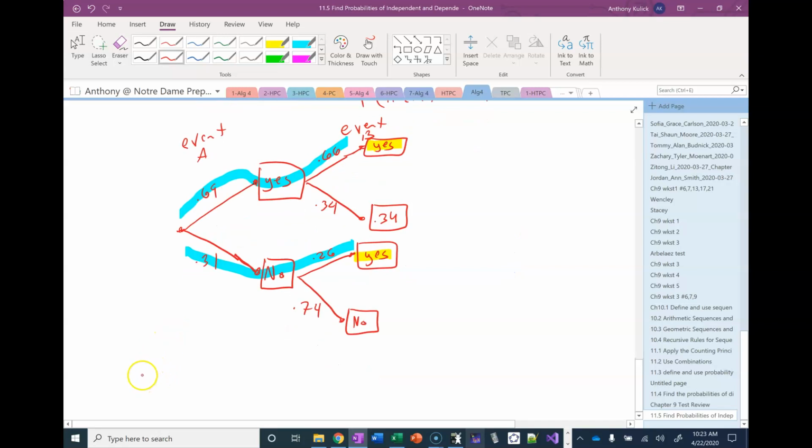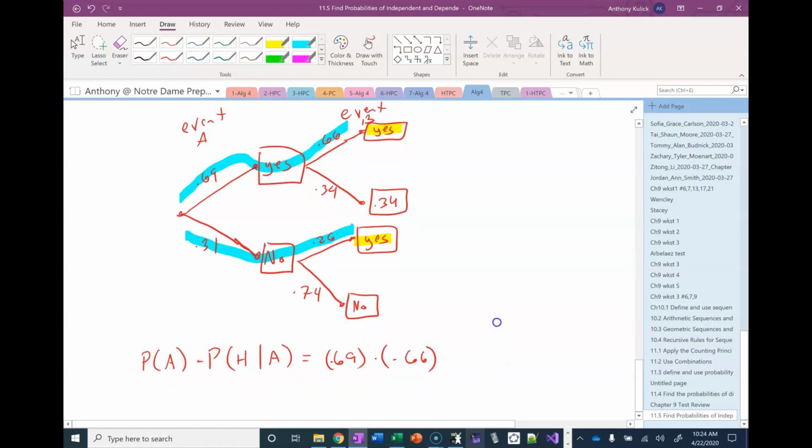For the first path, I have the probability of A times the probability of H given A. So it's 0.69 times 0.66.